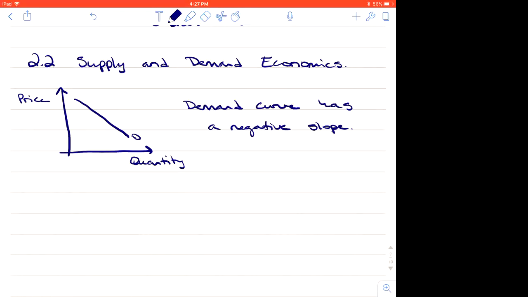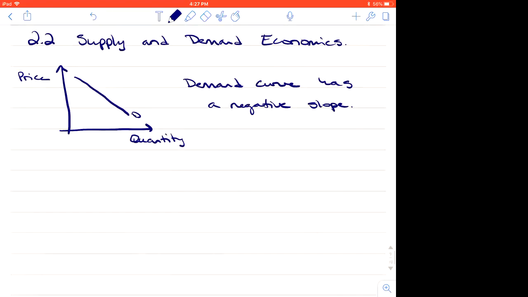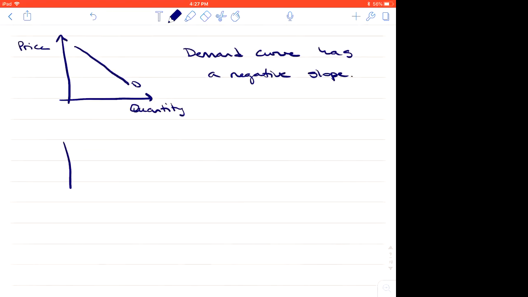Whereas on the other end, the supply curve is going to be positive. Shorthanding these just P and Q instead, price, quantity. Our supply curve is going to have a positive slope, right?